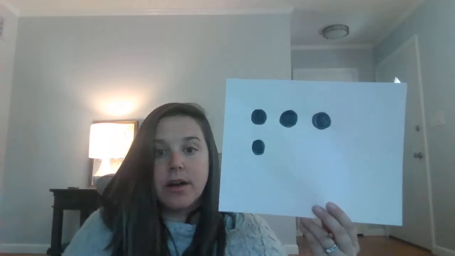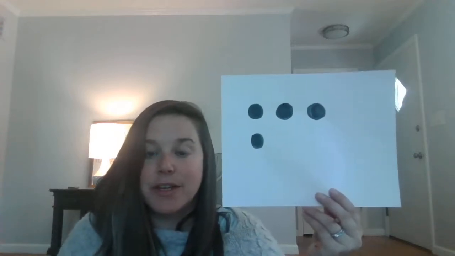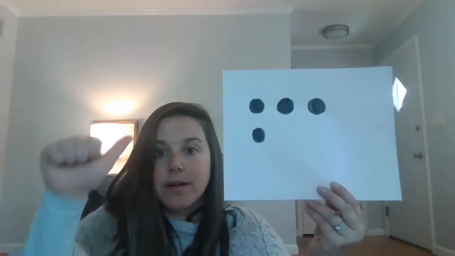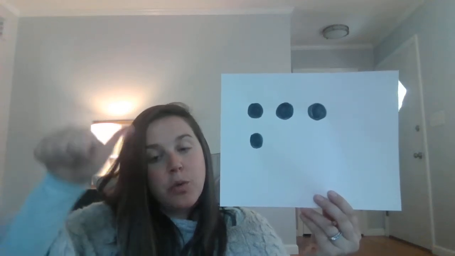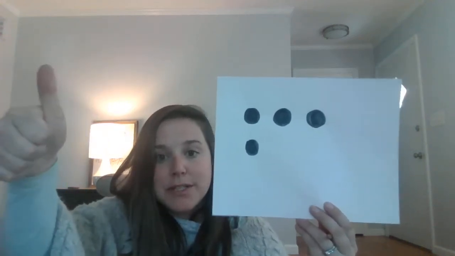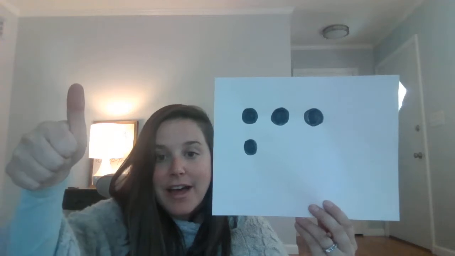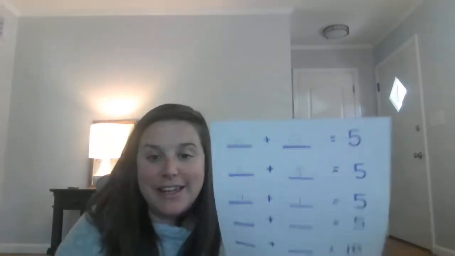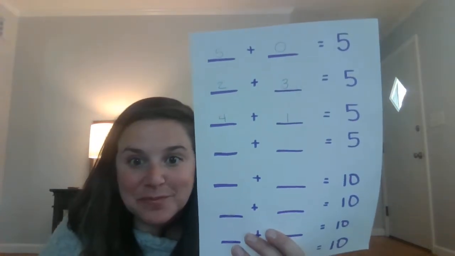Start at 4 and count on till you get to 5. 4, 5. We only needed 1 more counter to make 5. So if I'm going to write that math sentence, I'm going to start with how many I started with, which was 4. 4 plus 1 equals 5.